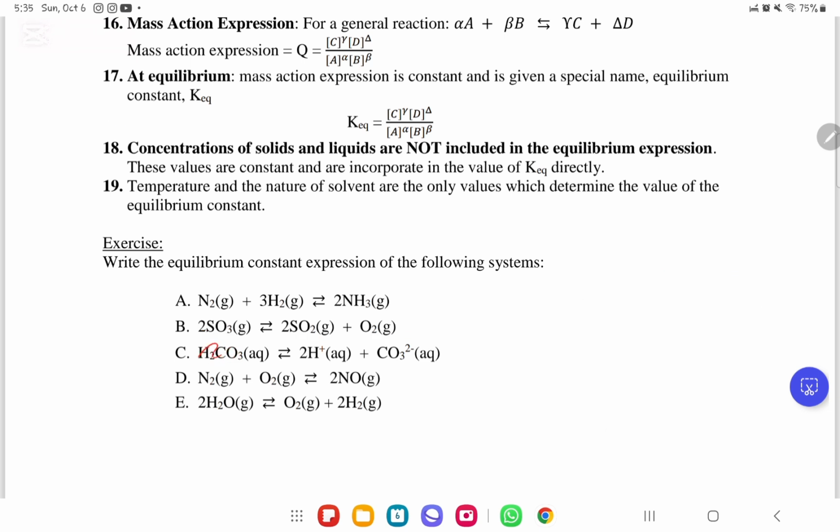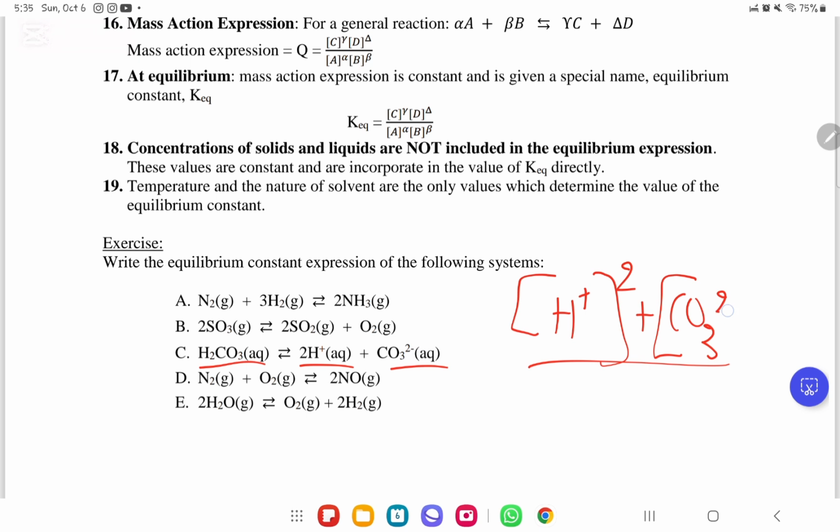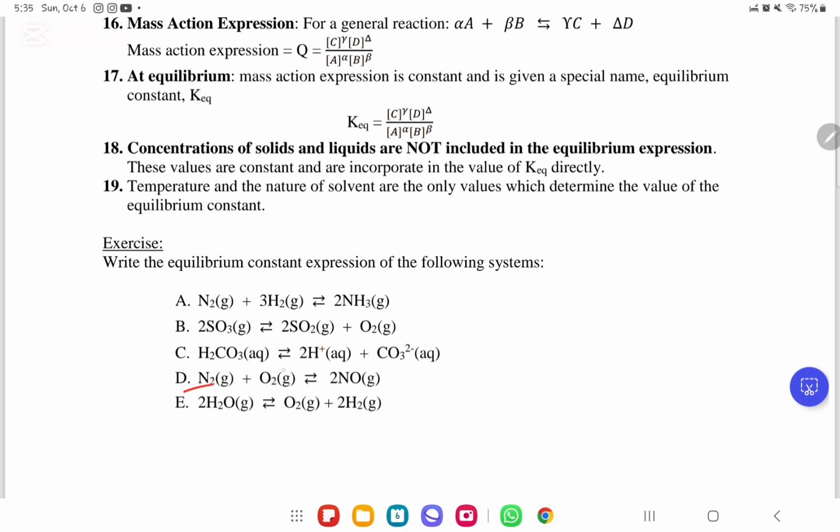Then here we have aqueous, aqueous, aqueous. So we're going to put the concentration of H+ to the power of 2 multiplied by the concentration of CO3 2- to the power of 1, and then finally over the concentration of H2CO3 to the power of 1. Then here we have gas, gas, gas.